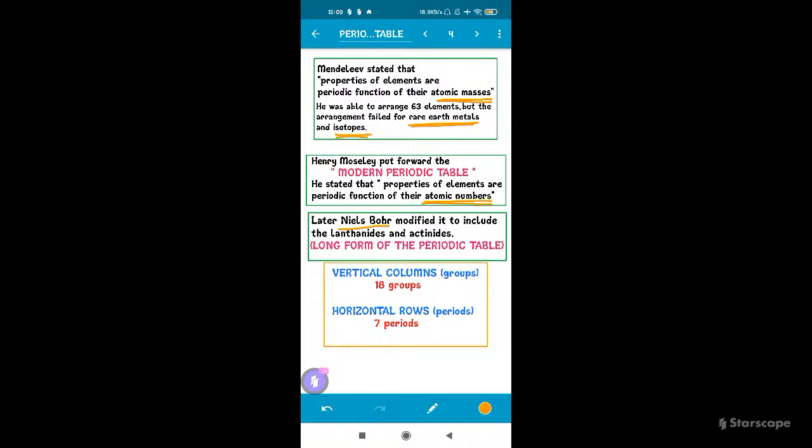We don't have to make a separate table for the lanthanides and actinides also. So that is completely up to the time when we shall get such a good periodic table. But for now, Henry Moseley's periodic table is considered to be the most accurate one, and we are going to learn about that in detail in our chapter.